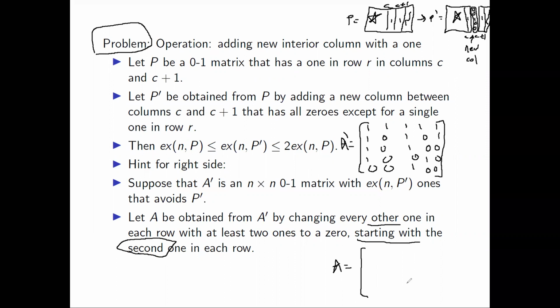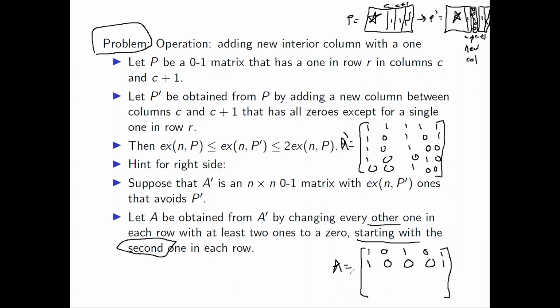So A, from that A prime, we're going to change every other one in each row to a 0, but we're starting with the second one. So we keep the first one, but then we change that second one to a 0. So that first row, instead of 1, 1, 1, 1, 1, we got 1, 0, 1, 0, 1 now. The second row, we have a total of 3 ones. So the first one stays the same, but that second one we have to turn to a 0.